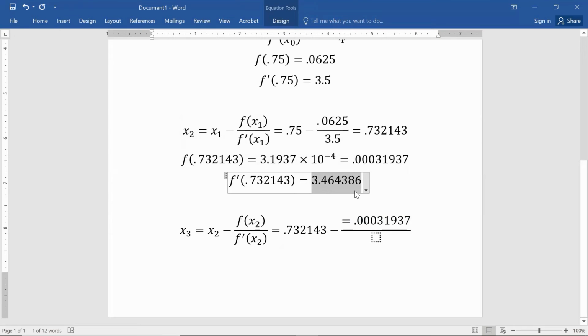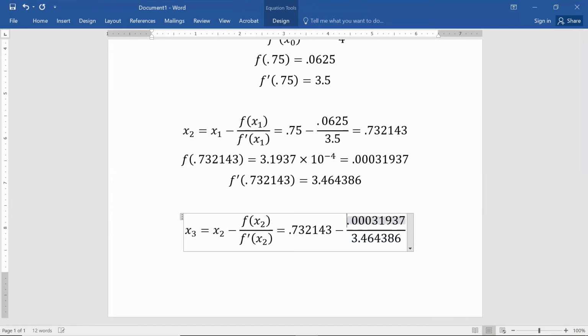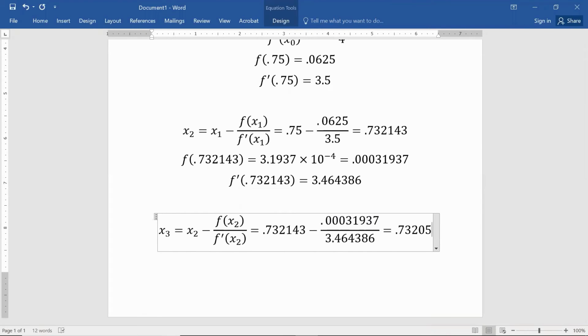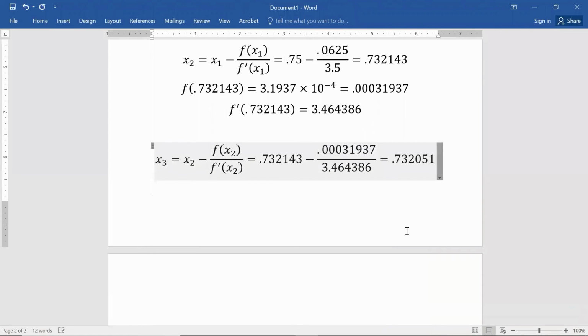What goes on the bottom of that fraction is the derivative. Type that into your calculator. I ended up with 0.732051 when I round to 6 decimal places.